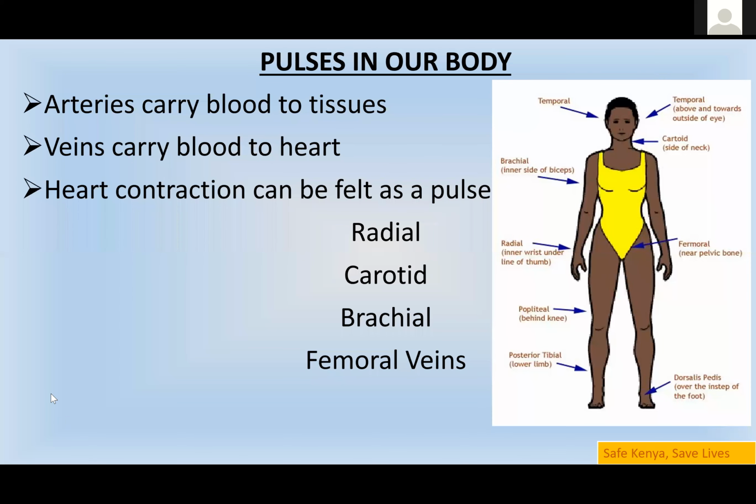I don't too much like checking popliteal pulses because it's kind of difficult to find. And if I'm in an emergency, I'm not trying to waste time trying to find a popliteal pulse. If I can find a radial pulse or the carotid pulse and I know the blood is circulating, then I know that I'm good. So arteries carry blood to the tissue, veins carry blood to the heart. Heart contraction can be felt as a pulse, with a range of 60 through 100.